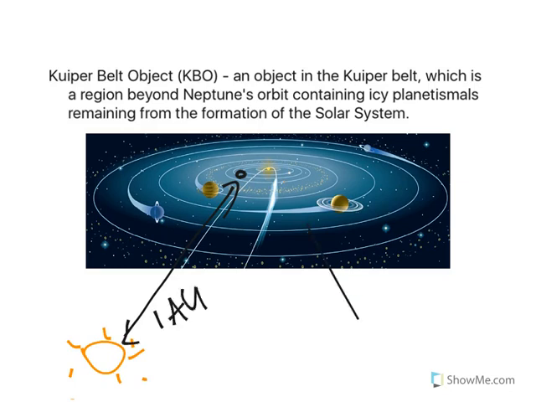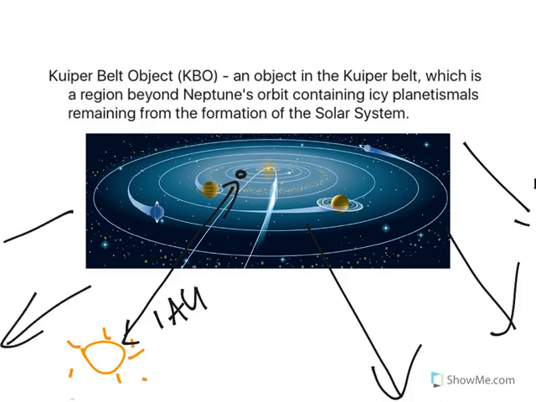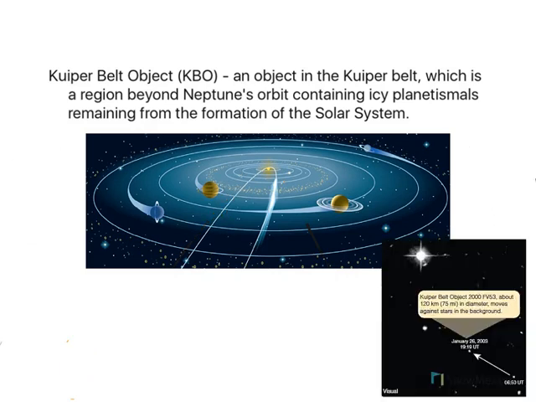Now the Kuiper Belt extends outward to basically about 50 astronomical units. Some are further out than 50, but 50 is about where most of them are contained. So you can see the Kuiper Belt extends 50 times beyond the orbit of the Earth around the sun.